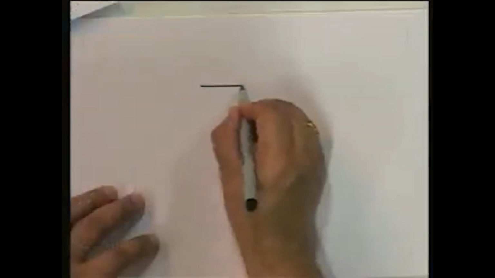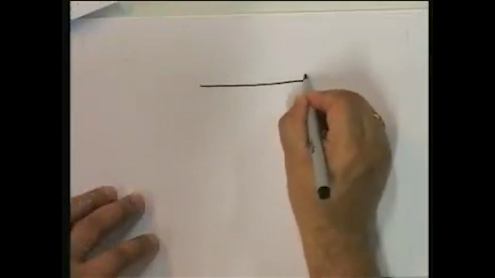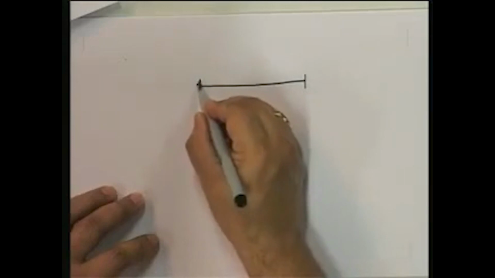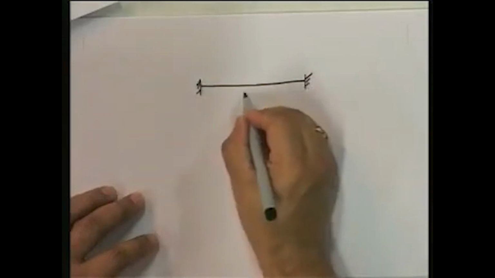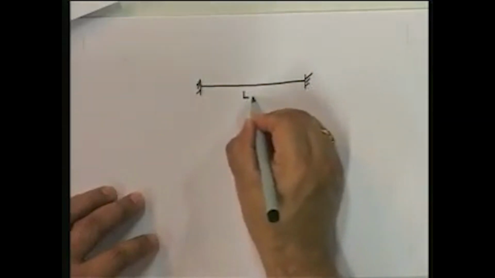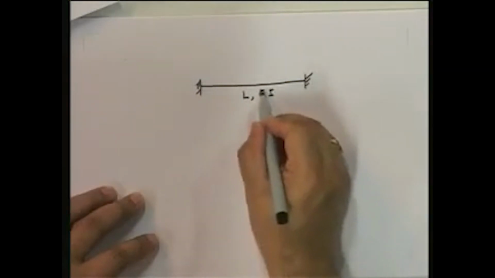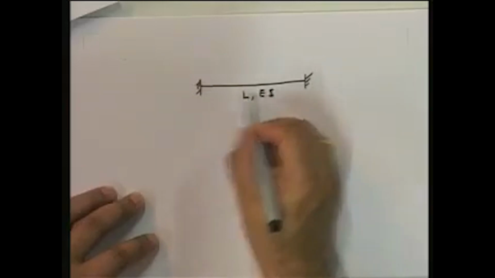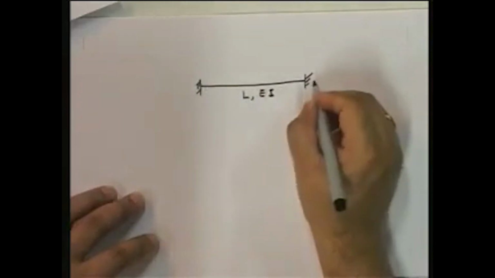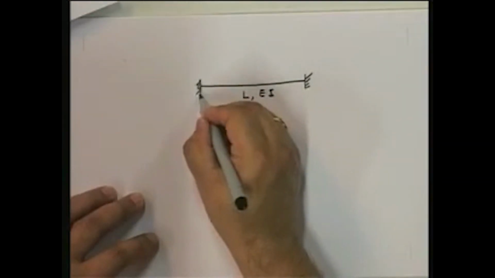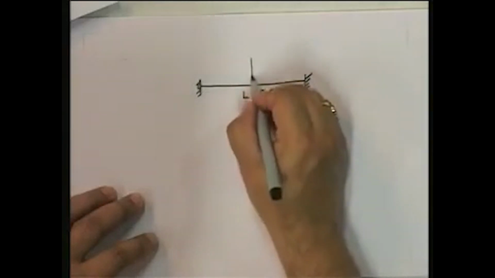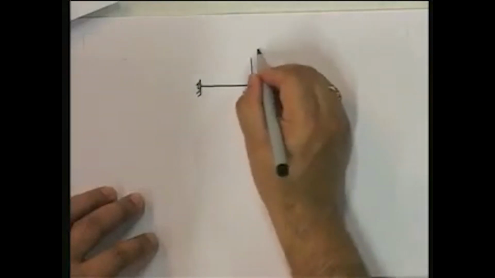Okay? So let us look at this situation. I'm going to go back to the original, where I have a uniform beam, so its length is L, and EI is the flexural rigidity at any cross section. It's a uniform beam, and let us look at a particular example.